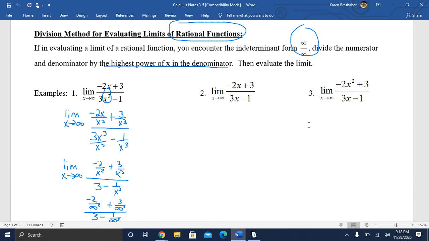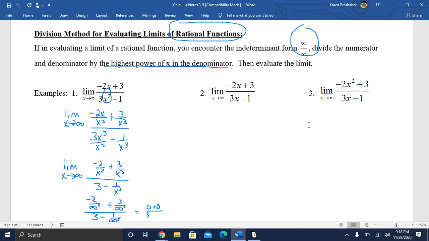And 3 out of infinity is also 0. So we have 0 plus 0 in our numerator. And then in our denominator, we have 3 minus 1 over infinity, or 1 out of infinity, that would be 0.